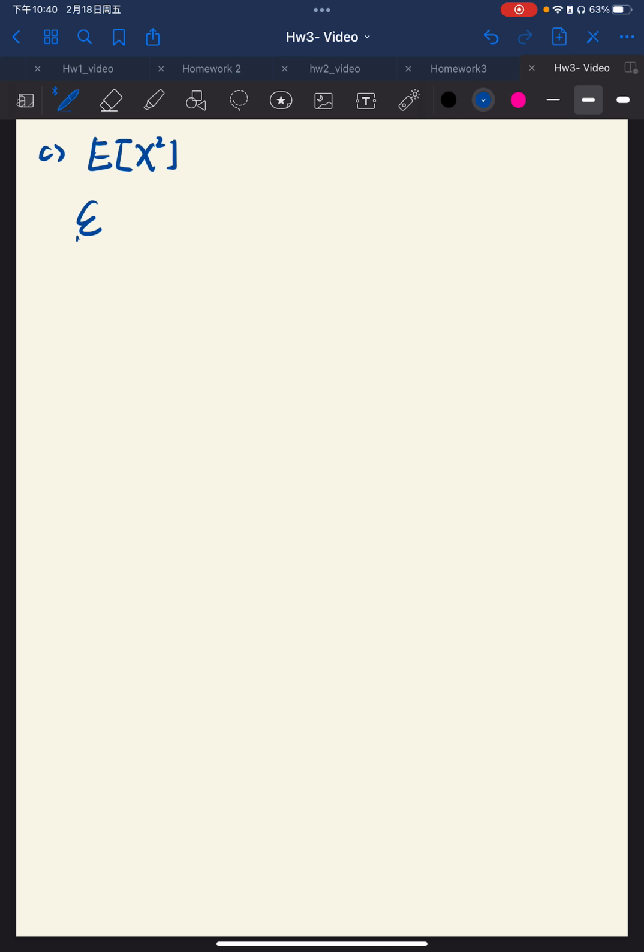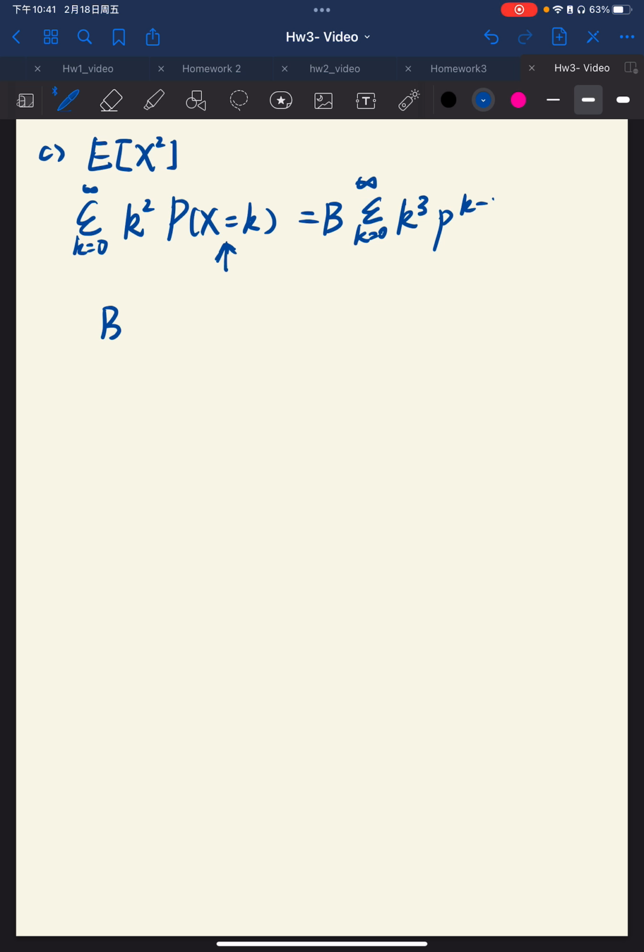Which means we are finding the sum over the range of k of k squared times P(X = k). If we substitute the values here for P, this equals b times the summation of k cubed p^(k-1).